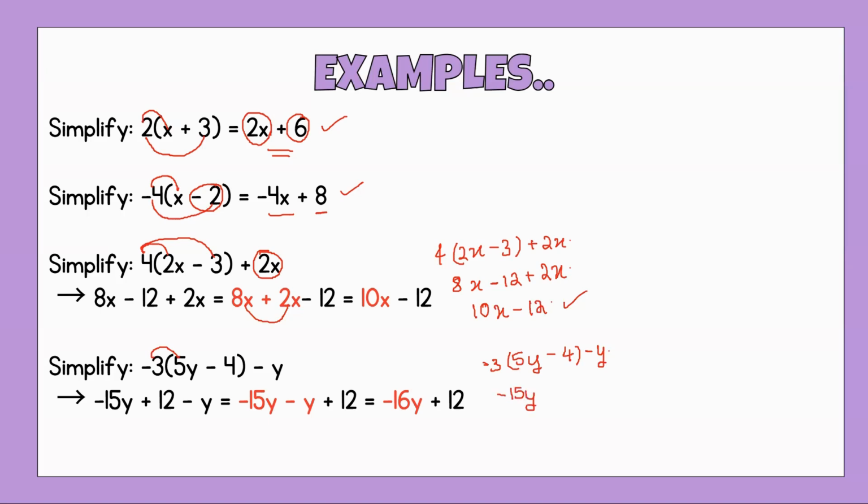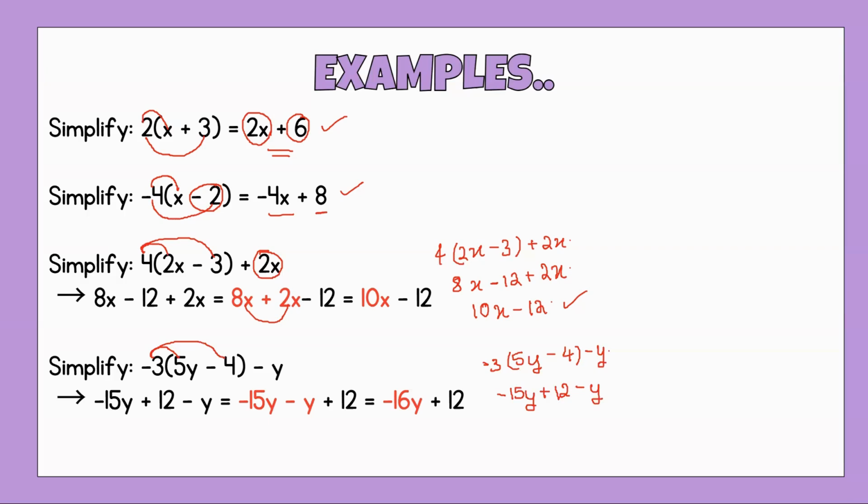What is minus 3 into minus 4? Again, guys, there is a minus in front of the 4, so it will be minus 3 into minus 4, positive 12. Okay, so if it's positive, there's a plus. So minus 15y plus 12 minus y.